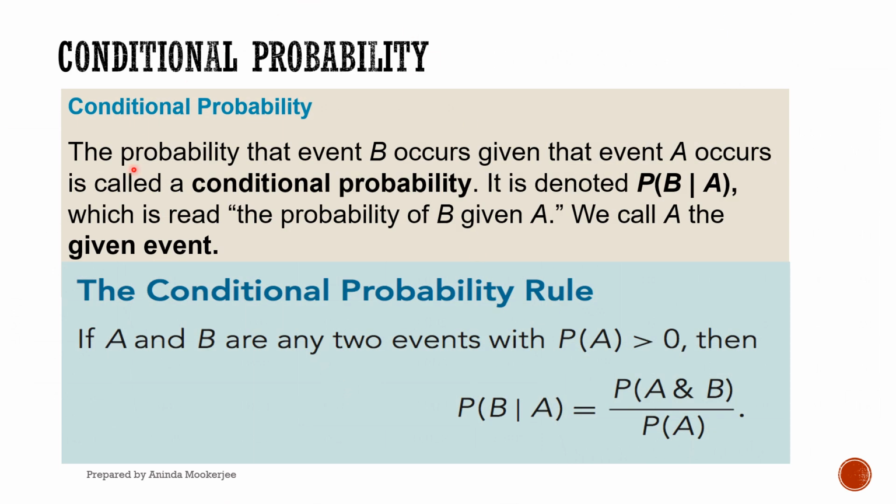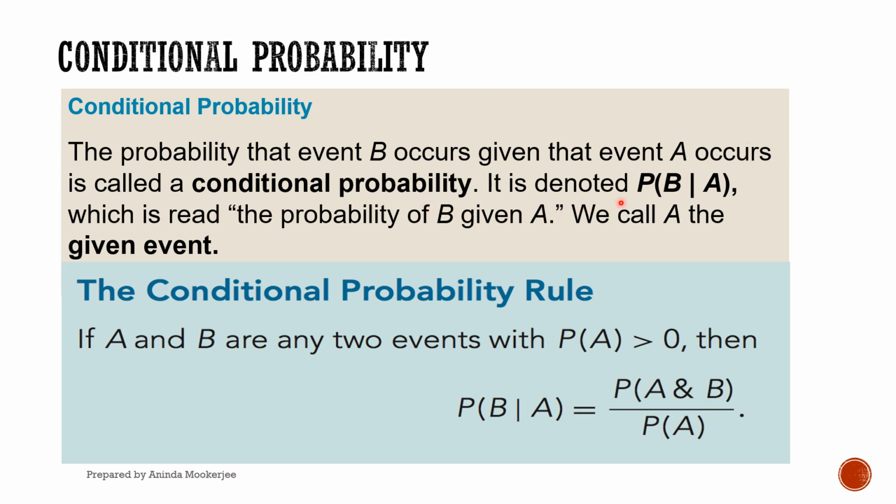We'll now talk about a very important topic in probability, especially when we deal with joint probabilities or probabilities of two events. It's called conditional probability. Now, let's read what it is about, and then I'm going to explain it a little bit. The probability that event B occurs given that event A occurs is called a conditional probability.